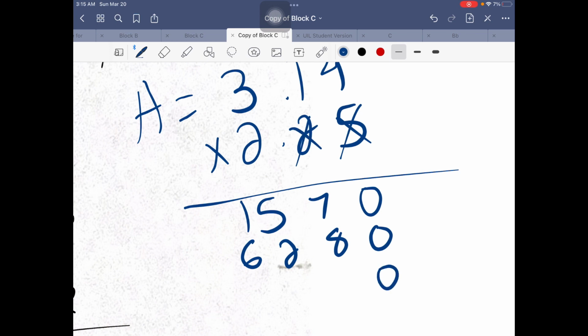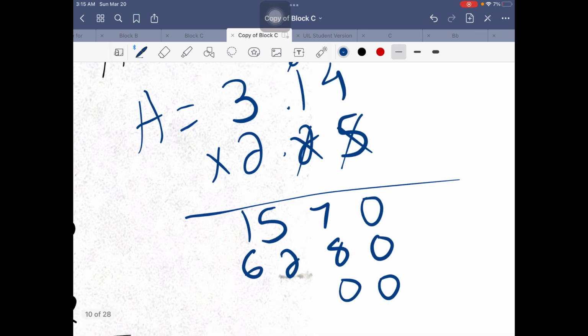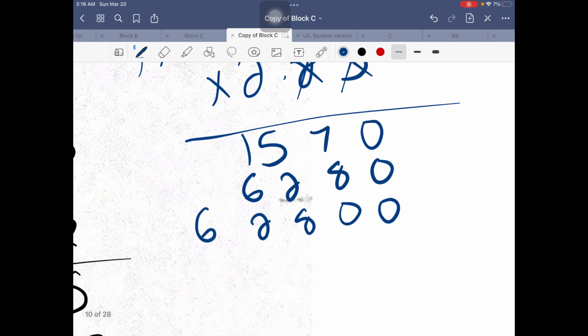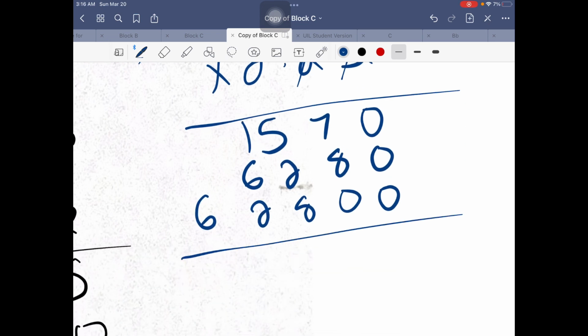Two x's means two zeros. 2 times 4 is 8. 2 times 1 is 2. 3 times 2 is 6. 0 plus 0 plus 0, 0. 7 plus 8, 15. 1 plus 5 is 6. Plus 2 is 8. Plus 8 is 16. 1 plus 1 is 2. 2 plus 6, 8. 8 plus 2 is 10. 1 plus 6 is 7.